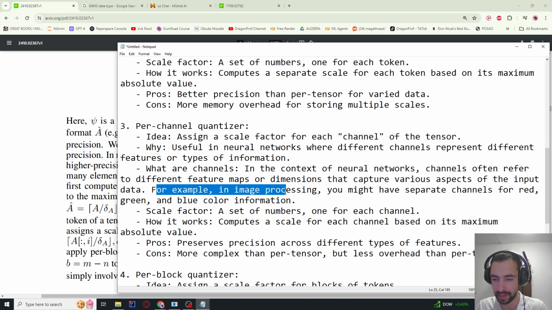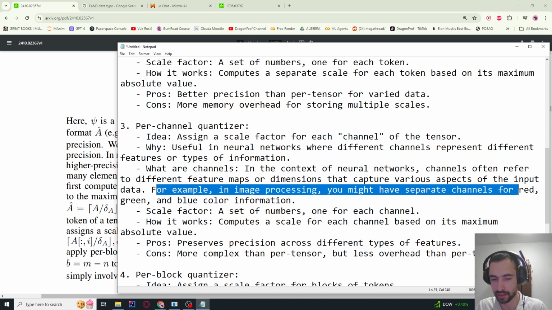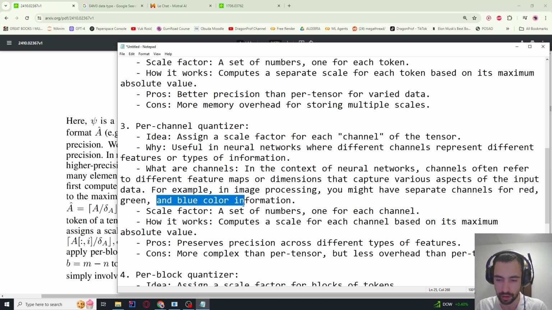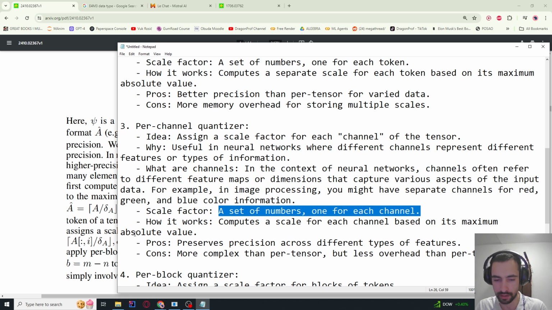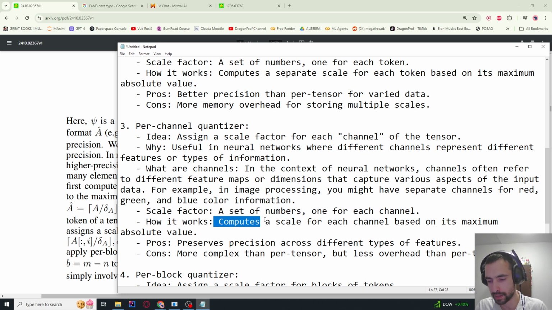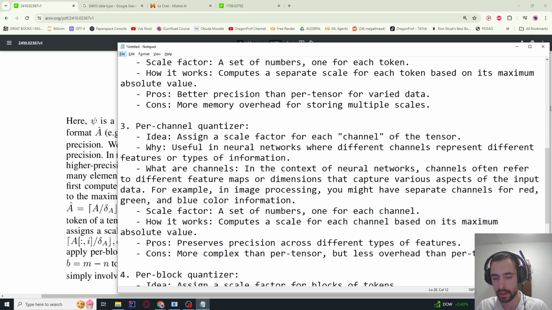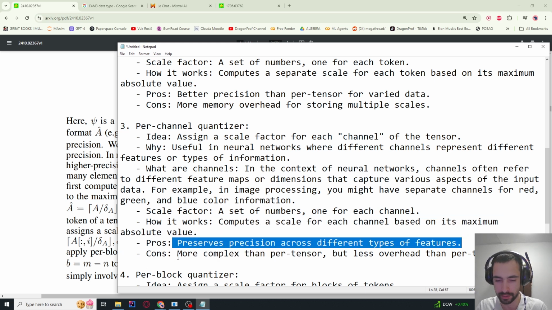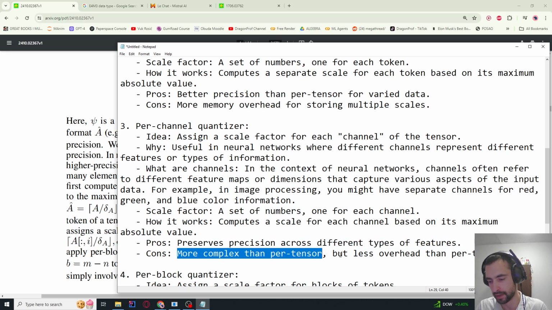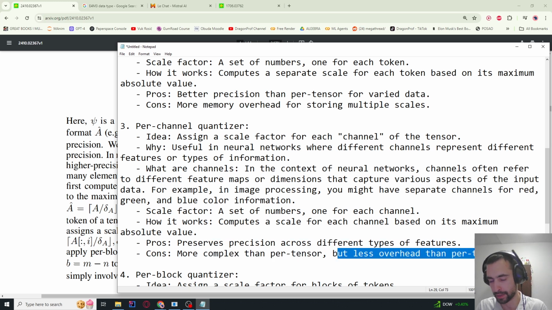For example, in image processing, you might have separate channels for red, green, blue color information. Scale factor: a set of numbers, one for each channel. How it works: compute a scale for each channel based on its maximum value. Pros: preserves precision across different types of features. Cons: more complex than per tensor, but less overhead than per token.